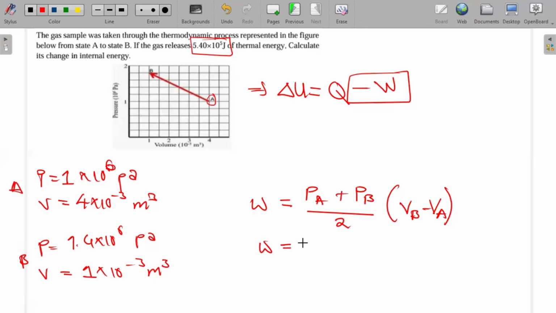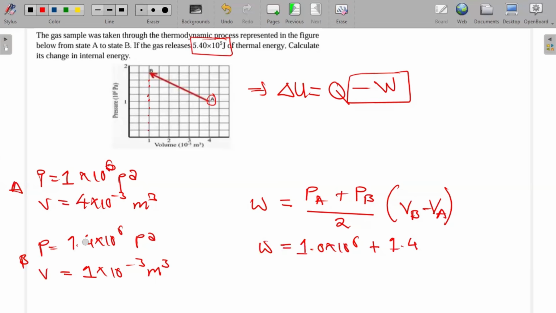So my pressure at A is 1.0 times 10 to the power 6 pascals plus the pressure at B, which is 1.4. Is this 1.4? I said this is 0.2, 0.4, 0.6, 0.8, 1, 1.2, 1.4, 1.6, 1.8. Okay, so this is 1.8 and not 1.4.